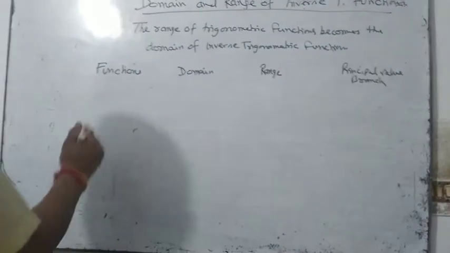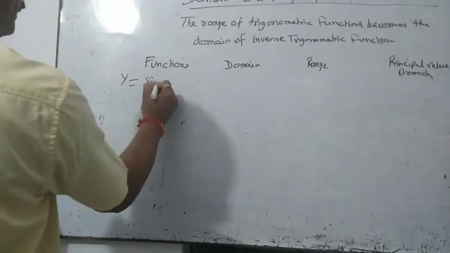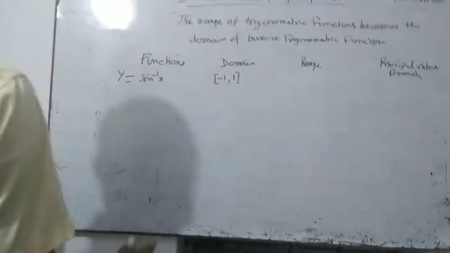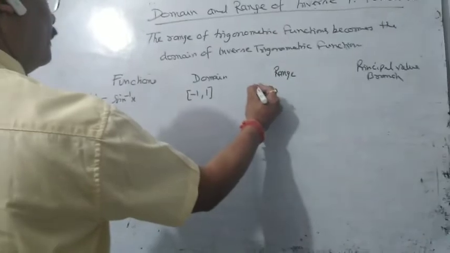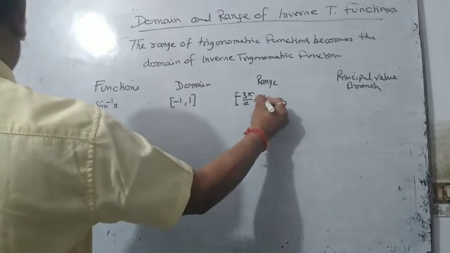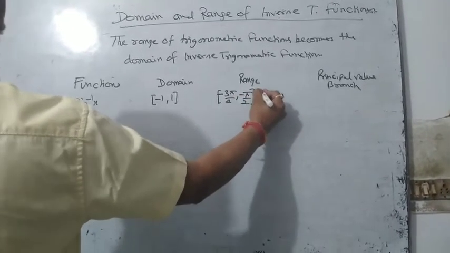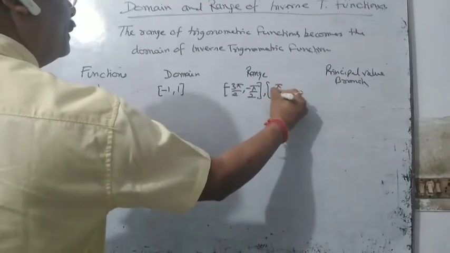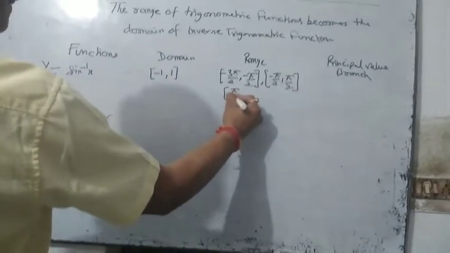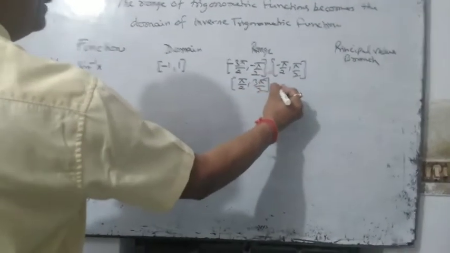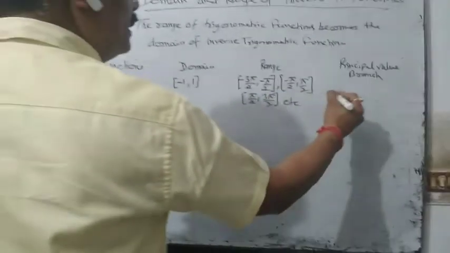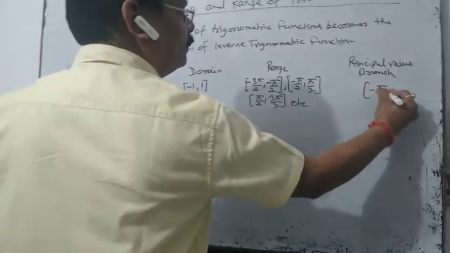First, sine inverse. Let y = sin⁻¹ x. Domain is [-1, 1] and range is [-3π/2, -π/2], [-π/2, π/2], [π/2, 3π/2], etc. But the principal value of this inverse function is -π/2 to π/2.